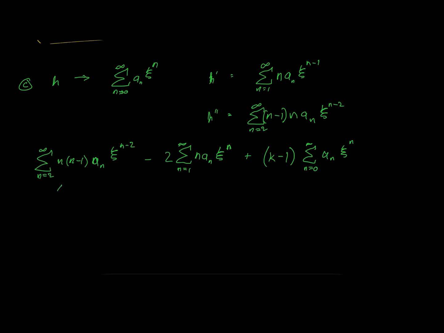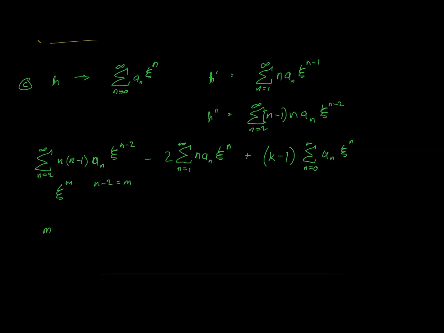The way that I do this, I want there to be a c to the m, and that means n minus 2 equals m. When we write everything in terms of m, we can exclude the sum now and just write it like this.